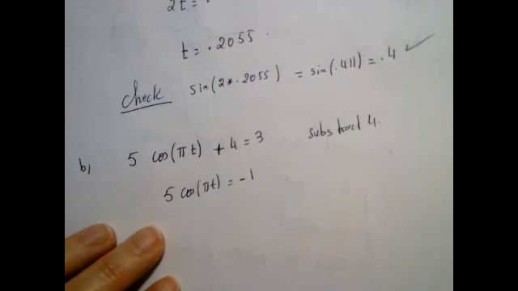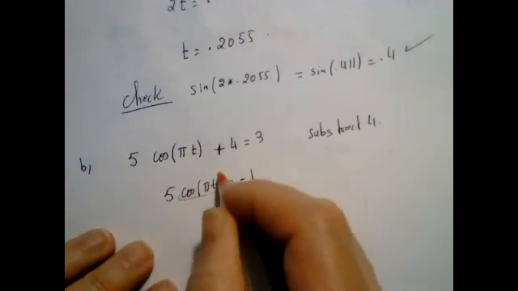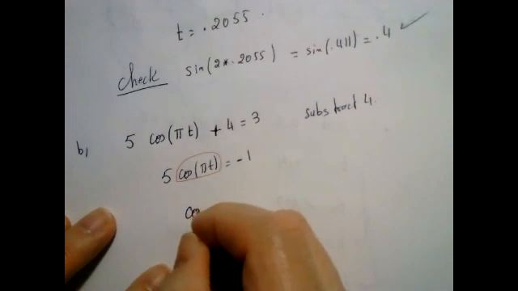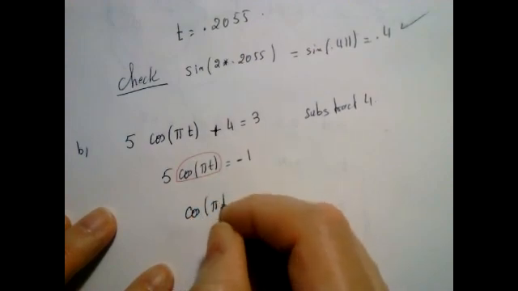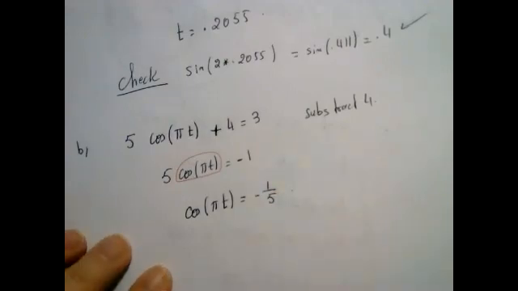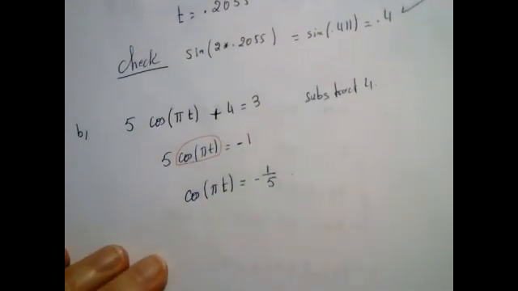Yeah, so what do we want to do now, you think? Divide by 5. Right, we're going to divide by 5 because we really want to isolate the cosine. Now we're isolating the cosine. So we can basically isolate the pi t. First, I isolate the cosine. And now what do we say? How can I get the t?